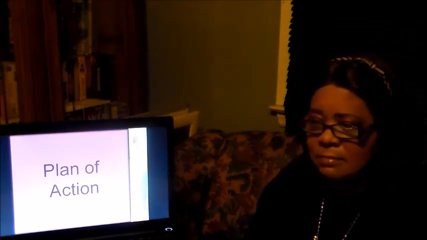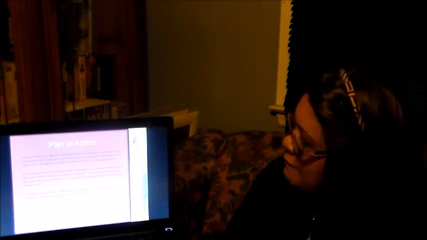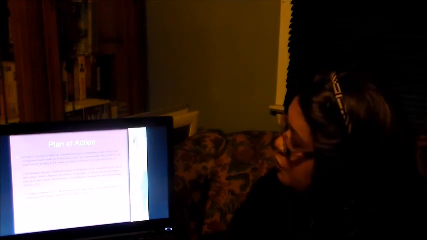But see, I got a plan. I got a plan of action for all of these distractions and becoming a better communicator and all of that. I got an action plan. Here it is. I got a lot of things I need to do, but I'm just going to go over just a few of them.